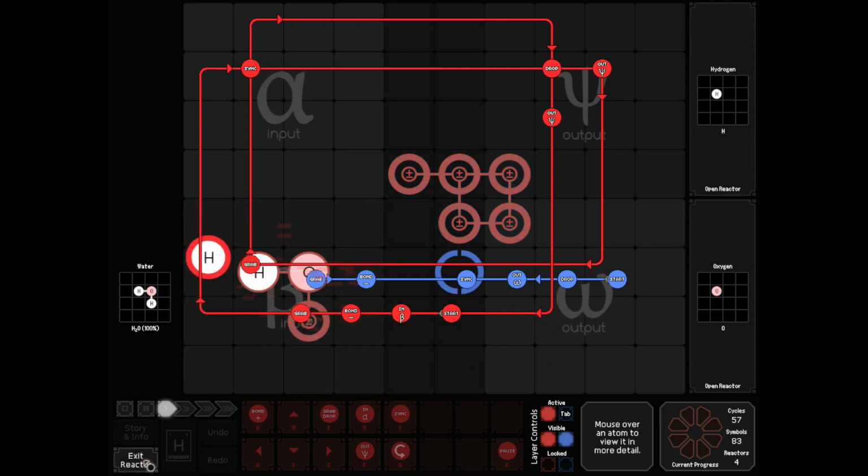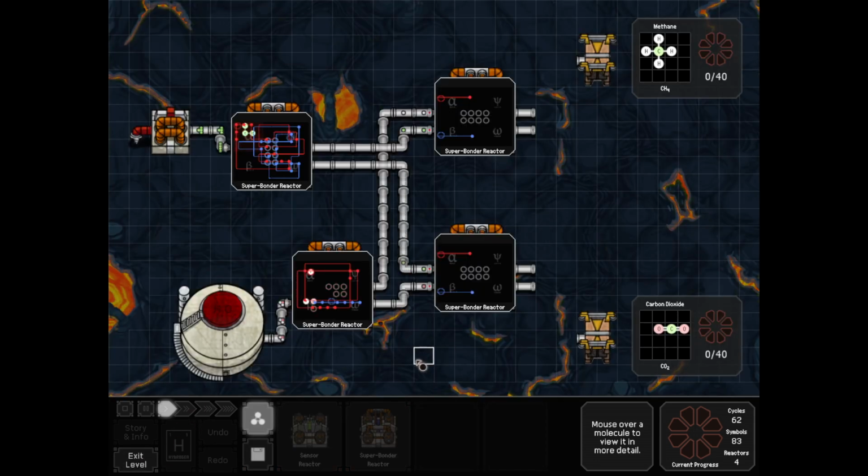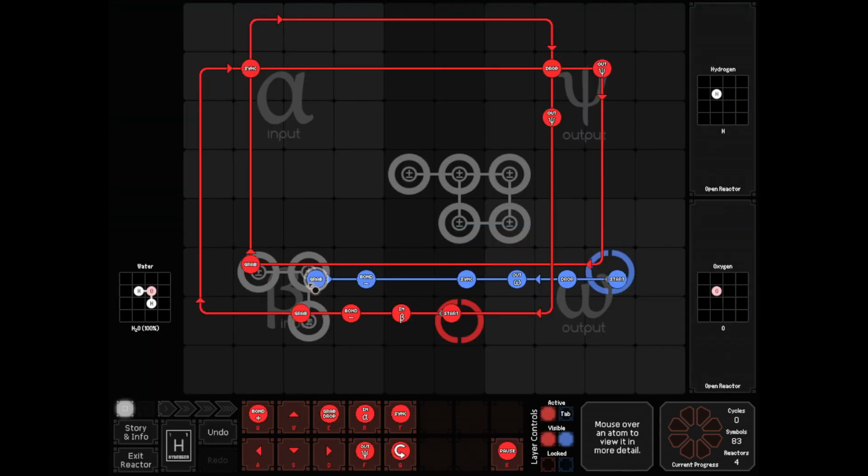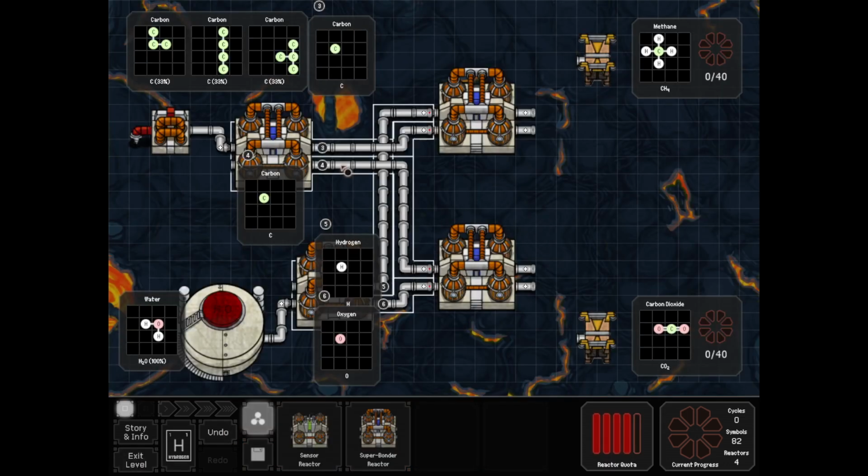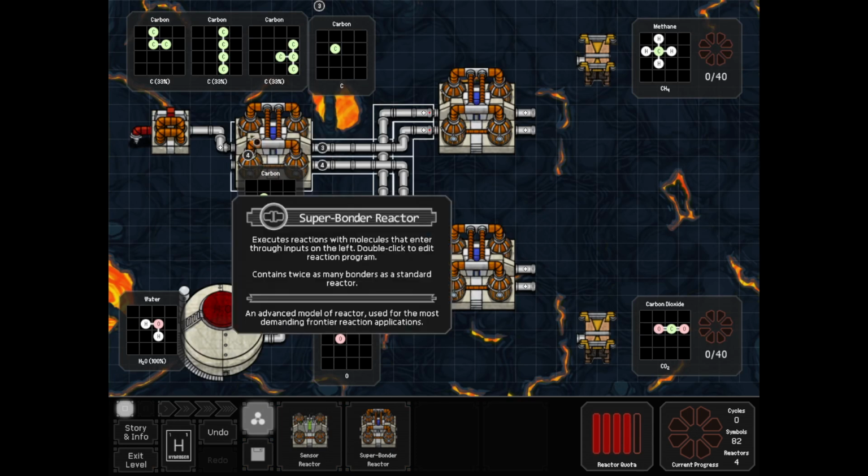You can see that, and if we exit reactor, how's this doing compared to the carbons? Yeah, it's pretty slow. But that's fine, because we just have more carbon than we need. So this is actually the limiting factor then. I don't think I need to actually worry about that, because I don't think the carbon will cause any problems. Because I'm pretty sure this will stop if it can't output.